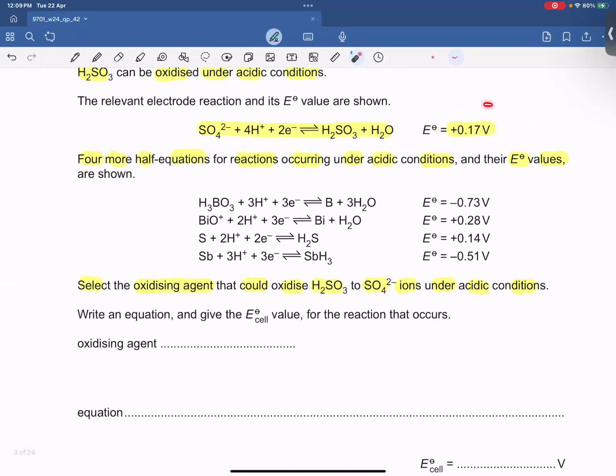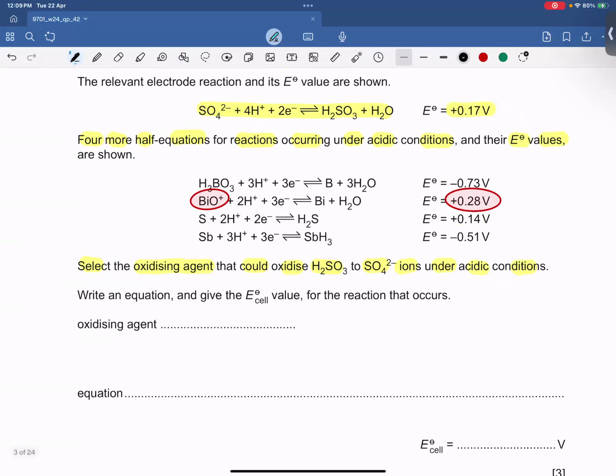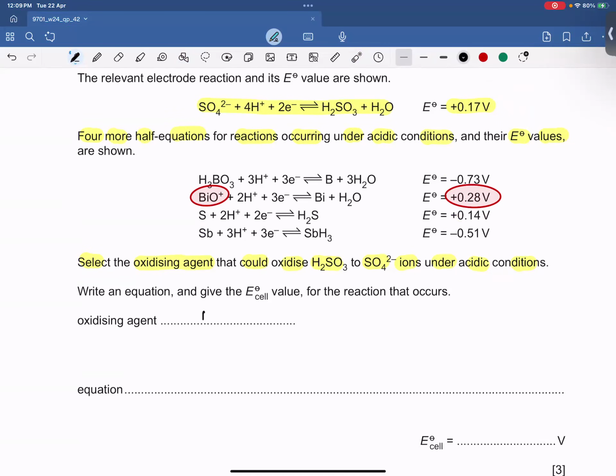So if this value is plus 0.17 volt, the oxidizing agent which we need to select has a potential value greater than plus 0.17 volt. So look at the value which is greater than plus 0.17 volt, that is going to be this one. So BiO+ is basically an oxidizing agent which can oxidize sulfurous acid into sulfate ions. So the oxidizing agent is BiO+.